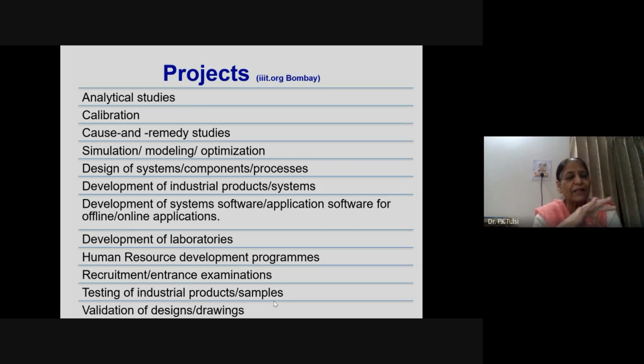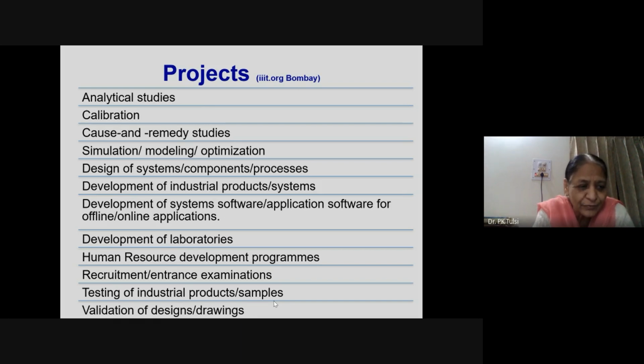So analytical studies may be one area, calibration of the machinery and tools may be another area, cause and remedy studies can be there, simulation modeling for optimization can be there, or design of systems, components, processes, or development of industrial products and systems, or development of software applications, then development of laboratories may be one of the projects which can be taken up, depending upon the latest areas which are emerging in a particular field.